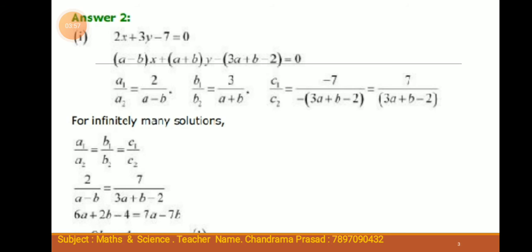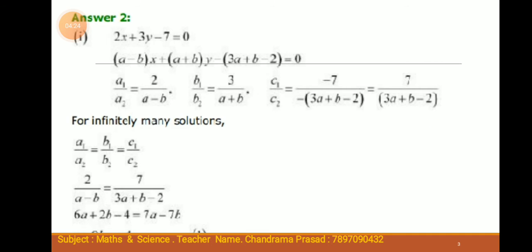Therefore, a1 by a2 equals 2 divided by (a minus b), b1 by b2 equals 3 divided by (a plus b), and c1 by c2 equals 7 divided by (3a plus b minus 2).